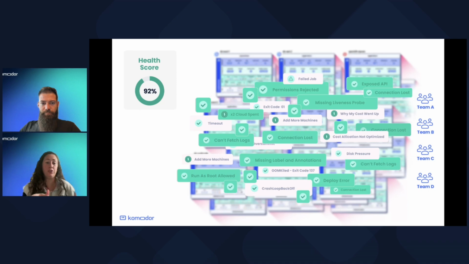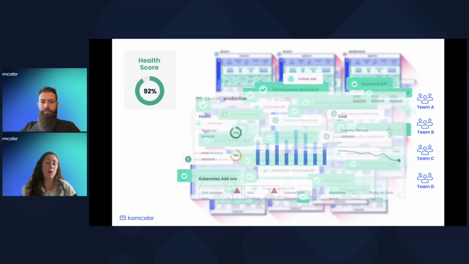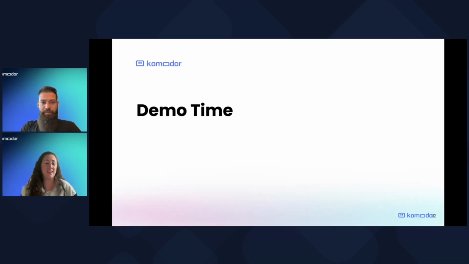This is where you should be with Komodor, helping you solve all the Kubernetes day two operations and day two issues, which eventually gets you to a proper health score. And I think this is time for a demo.